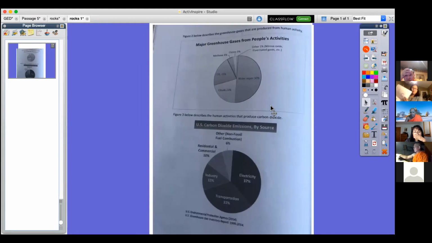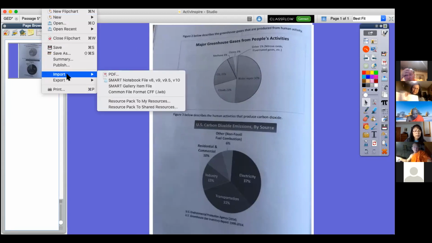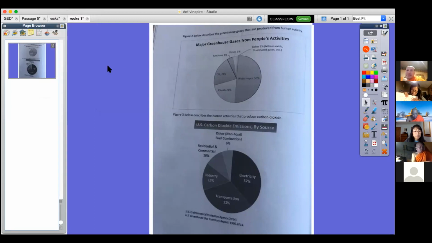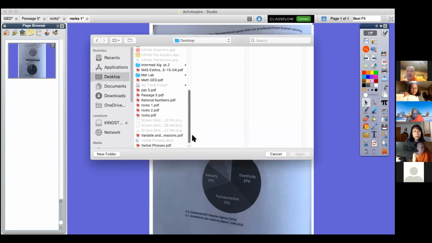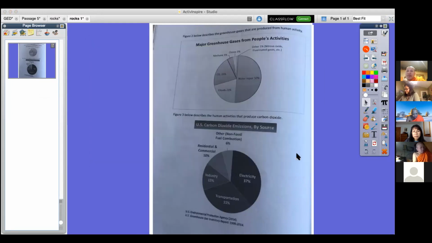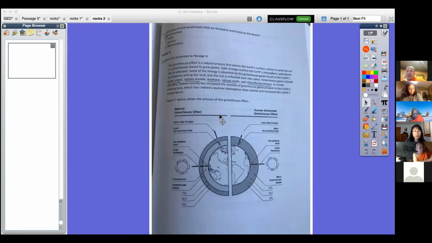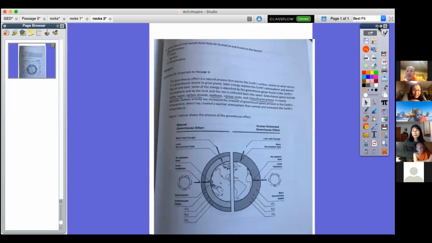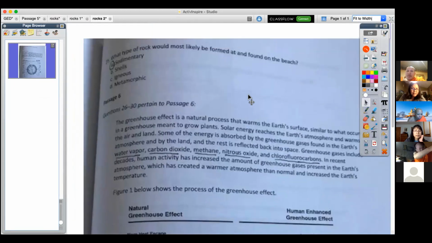It's the next passage. Well, I think that's all I got. Let me see. Oh, it's this one. Okay, 25 is up there. It asks what type of rock would most likely form at and be found on the beach.